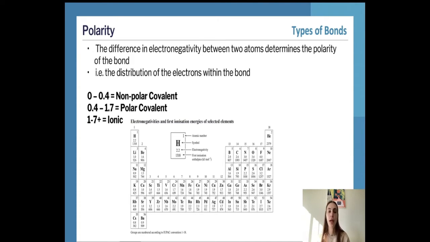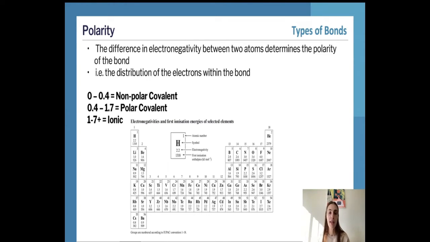depending on where you look at the data, some people say 0.5 to 1.7 is considered to be polar covalent. Typically a carbon to hydrogen bond is considered to be non-polar, just because 0.4 is at the lower end of polar covalent and the higher end of non-polar covalent, so we're more tending towards saying that it's non-polar.